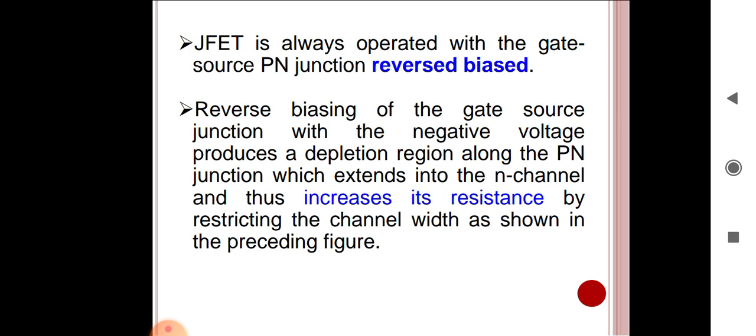So, operation of n-channel JFET when gate to source voltage is equal to 0. The gate is connected to source, making VGS equal to 0. Due to supply voltage VDS, current starts flowing through the channel. The reverse bias across both the junctions is low, therefore the width of the depletion layer is also less.